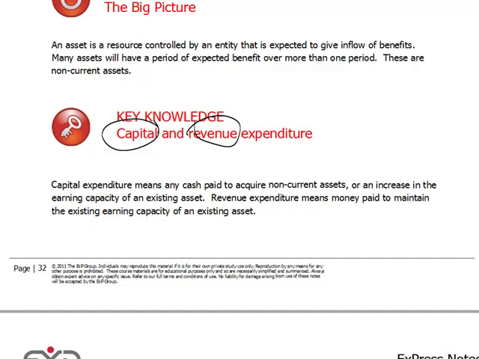Basically, a non-current asset is something we will use for more than 12 months. So anything that we will use for more than 12 months will be accounted for as debit non-current assets, credit cash or payables.